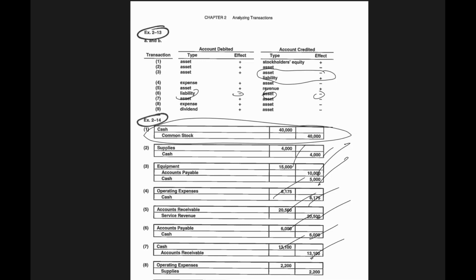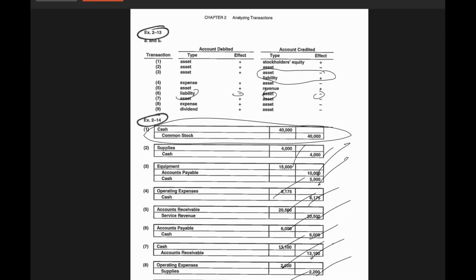So that means somebody's paying down what they owed us. That asset is going down. Here again, expenses are going up, but the asset is going down. They are now using those supplies. And then, of course, dividends increased, and the asset, the cash account, went down.